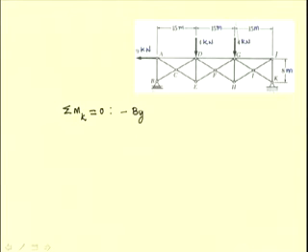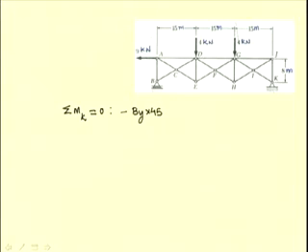Since the force at B is an upward force and the moment of this reaction is clockwise about this point K, it is a negative moment, By times the moment arm, which is 15 plus 15 plus 15, that is 45 meters.